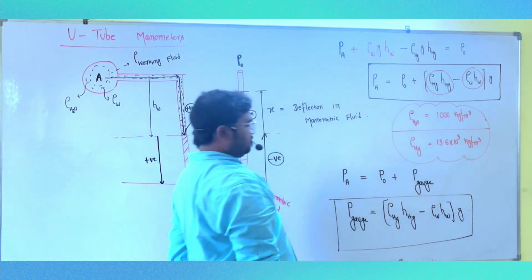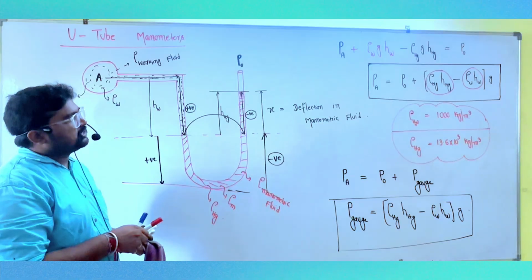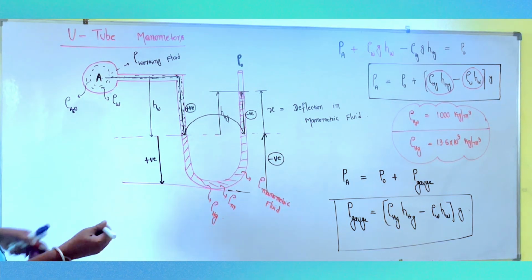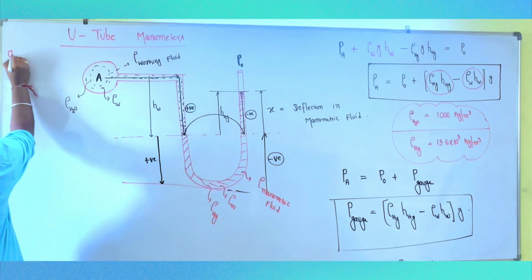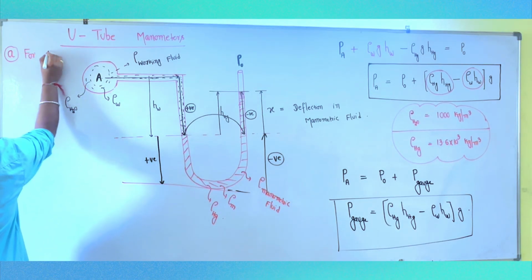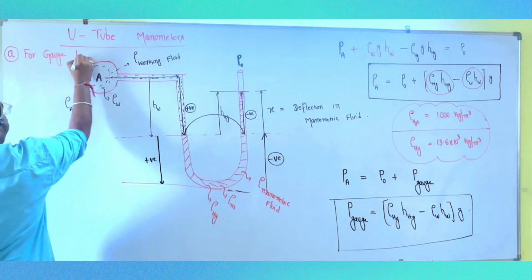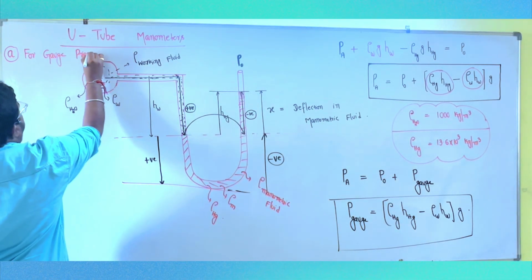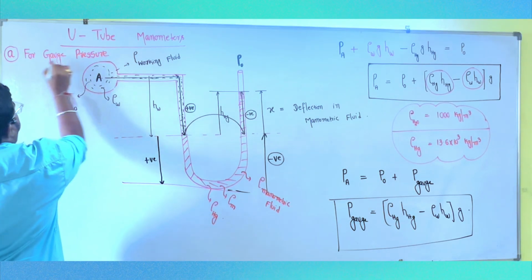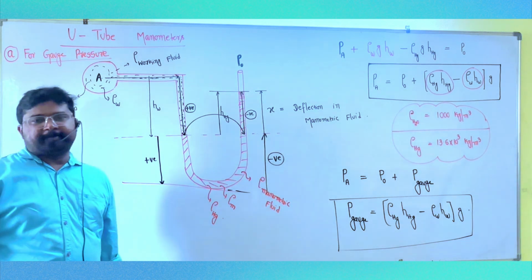Write down up to here. This is the P gauge. Gauge pressure. In order to calculate gauge pressure, this is for gauge pressure. Gauge pressure at a point A. Here pressure at A is gauge pressure.